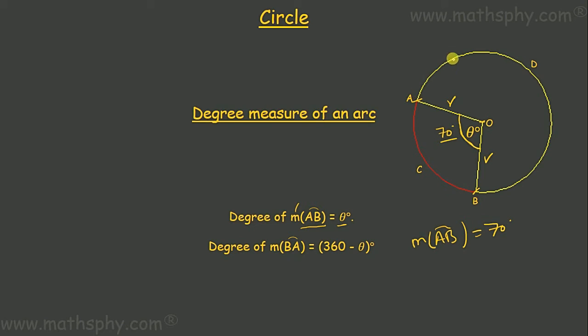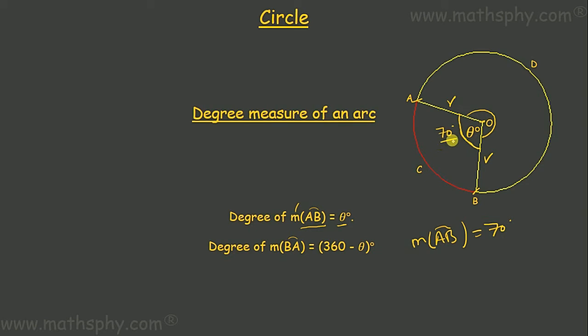What is the measure of this big arc here? This is the smaller arc and this is the big arc here. This is the angle of that arc. We already know the center of a circle has 360 degrees of angle. Full angle is 360 degrees. So this remaining angle would be 360 minus theta.